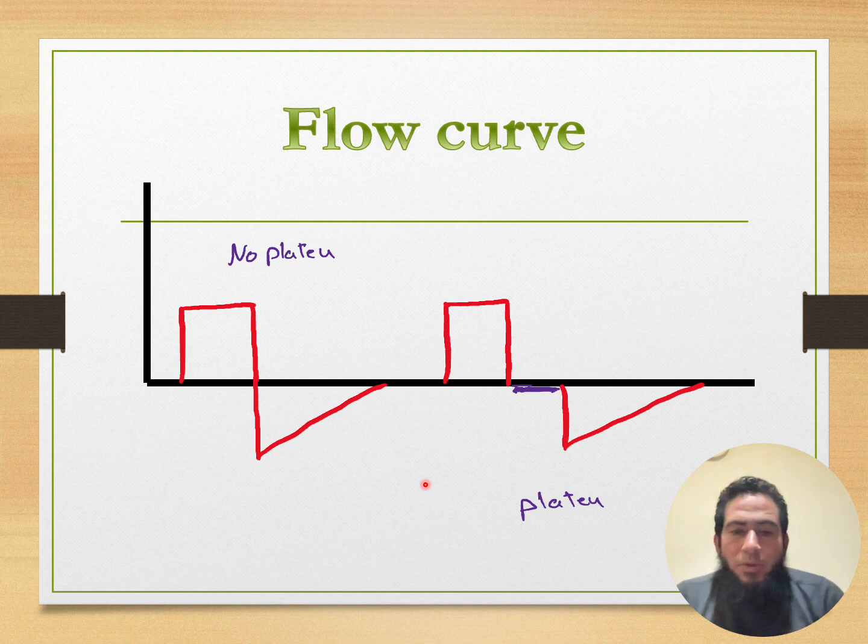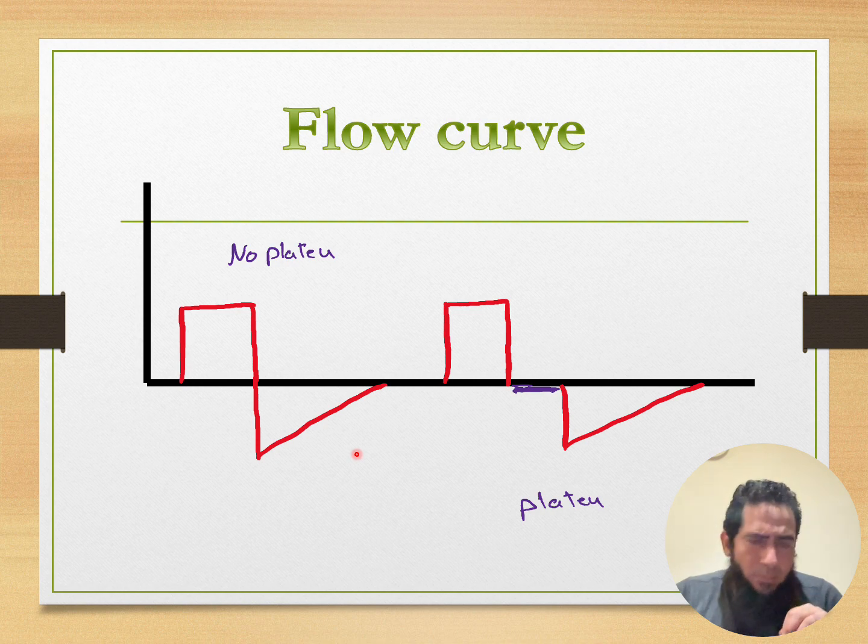So it's also useful to have a look at the flow curve. Unlike the pressure, which most of the time is on one side of the curve, only positive, the flow curve, because the patient is breathing in and breathing out, has two sides.